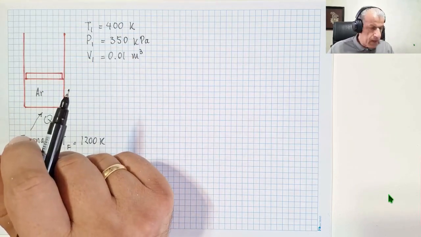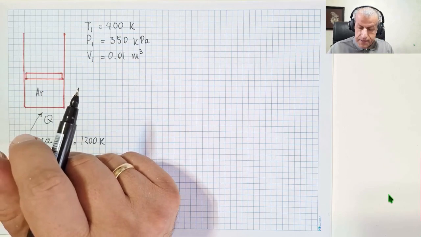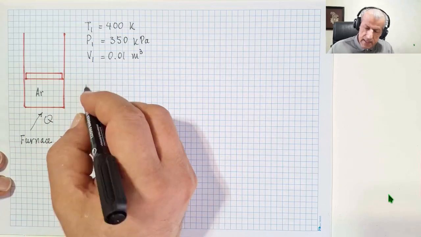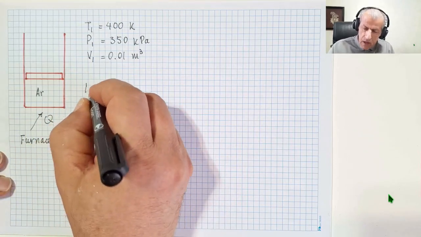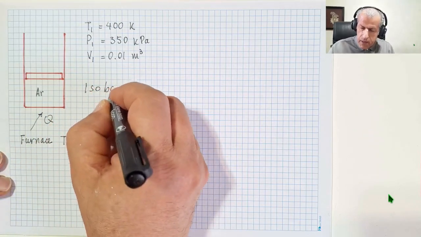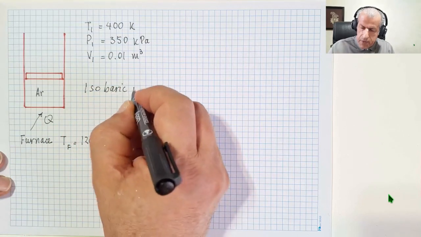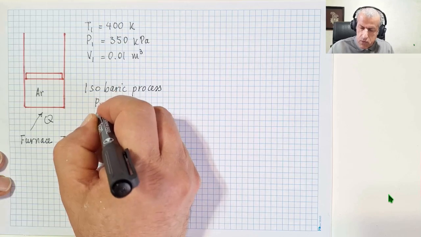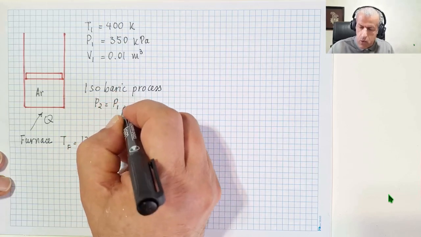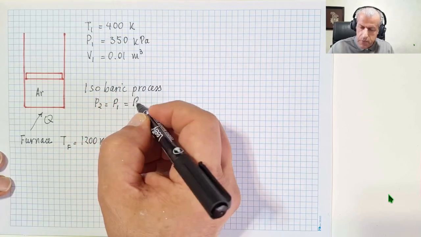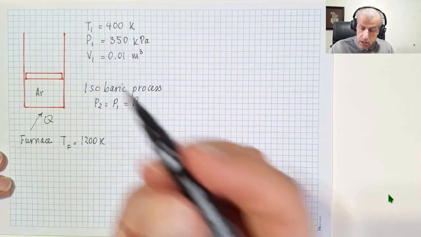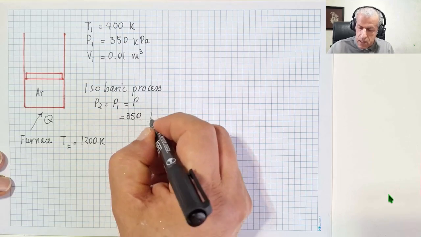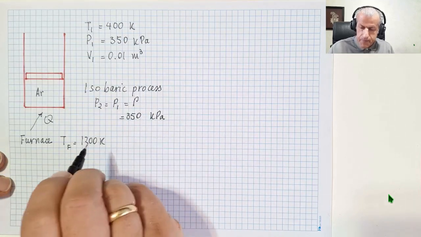Now, it tells us that the process that happens is an isobaric process, which means that P2 equals P1 equals P, which is 350 kilopascal.